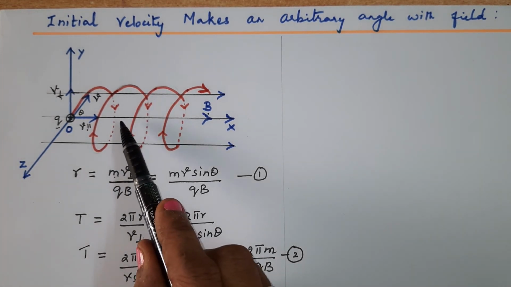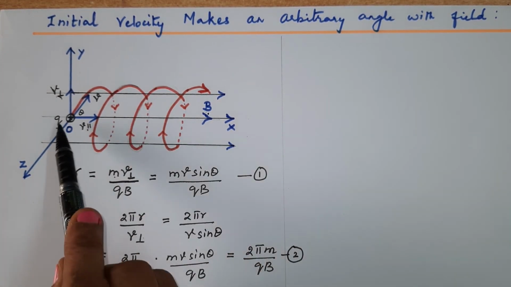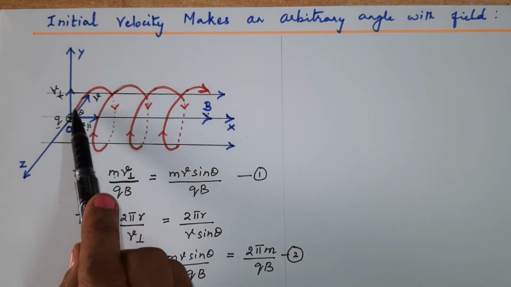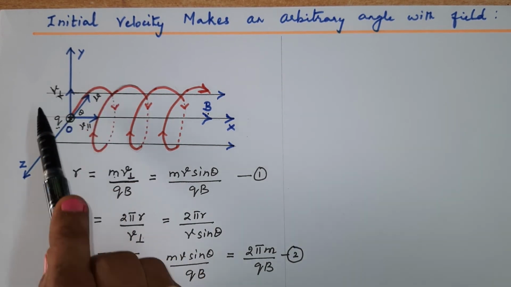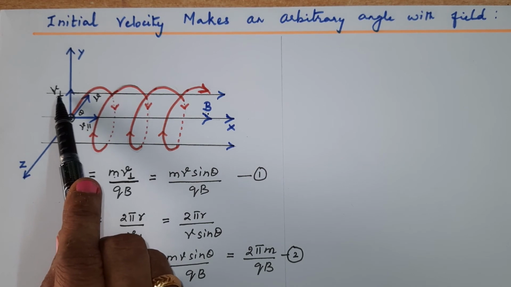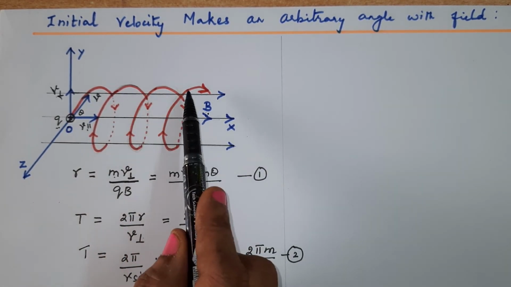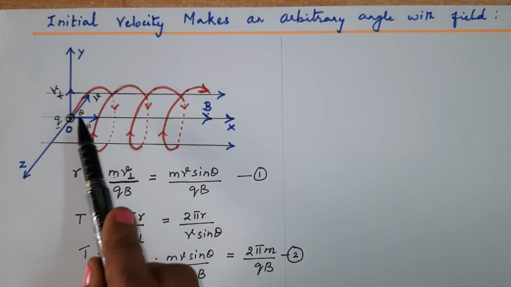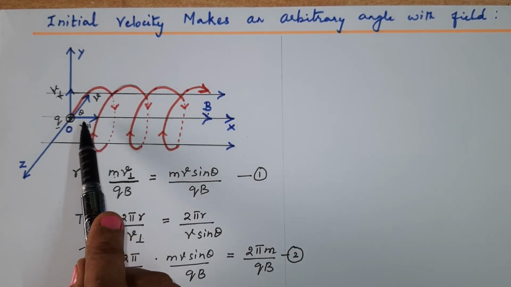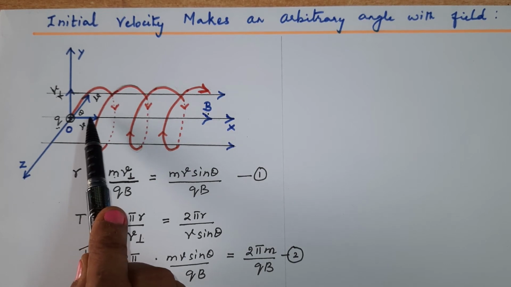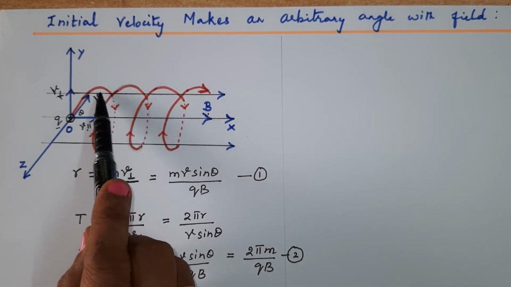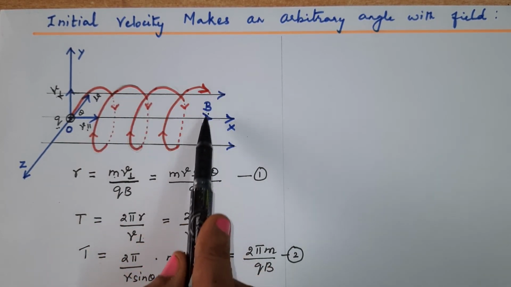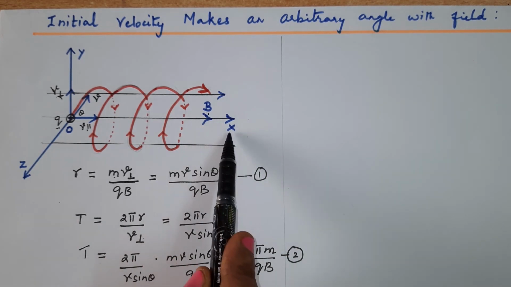So what we understand here is that this charged particle has two types of motions. By looking at the diagram, because it experiences magnetic force due to the perpendicular component, it is deflected. But while getting deflected, it has two types of motions. One is the linear motion: it is also moving linearly along the direction of the B vector, that is along the x-axis.